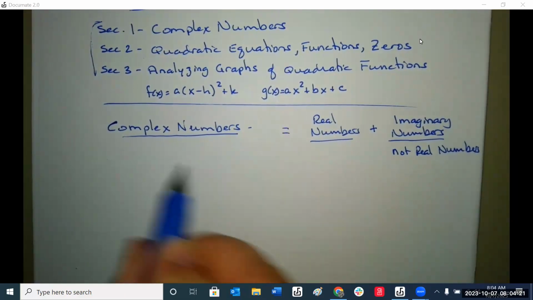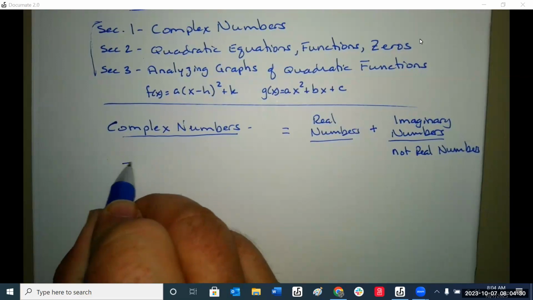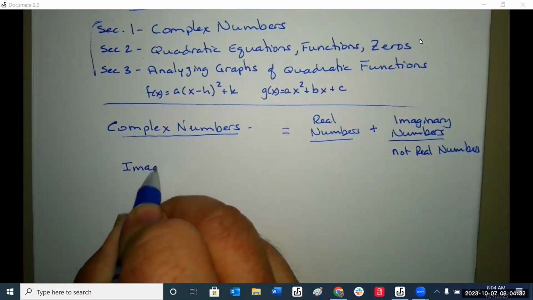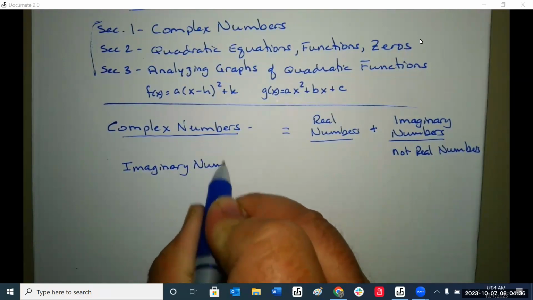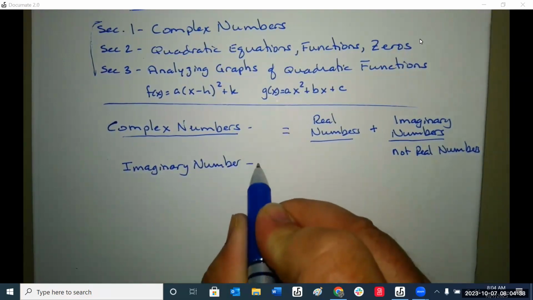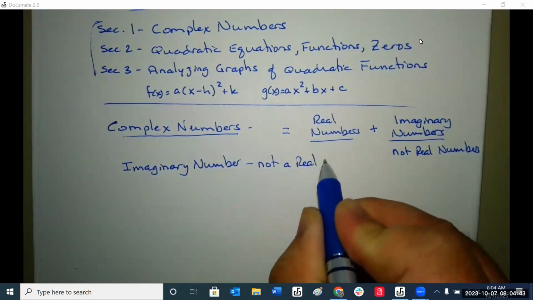That is what a complex number is. It's made up of both real and imaginary numbers. Let's look at what is an imaginary number. As we said, it's not a real number.